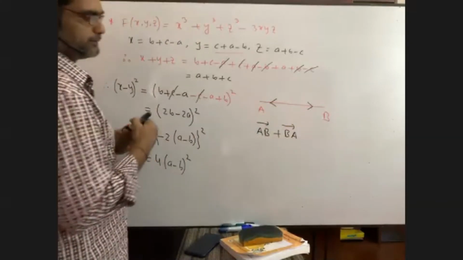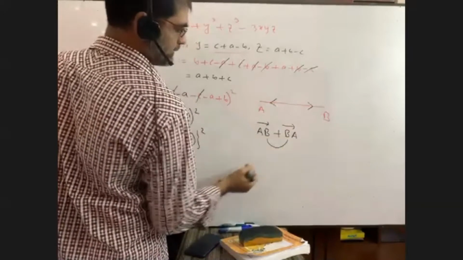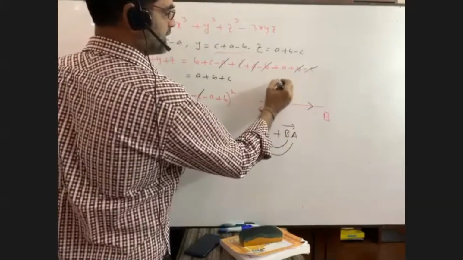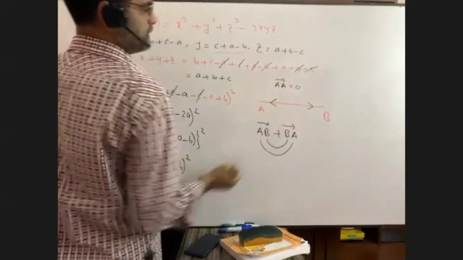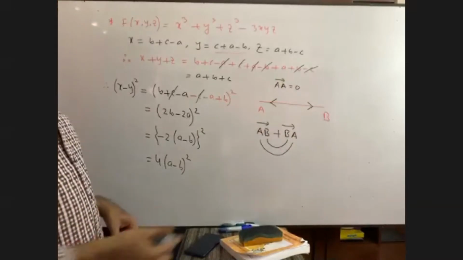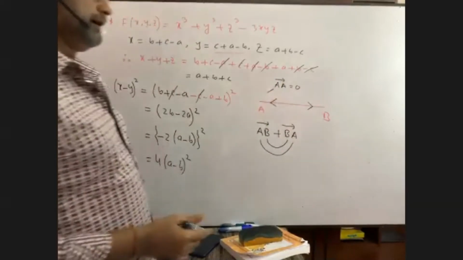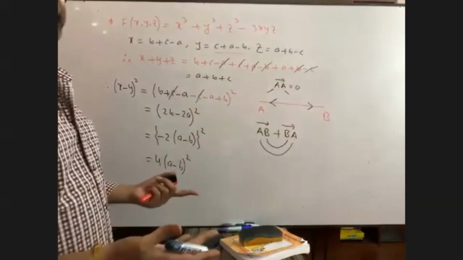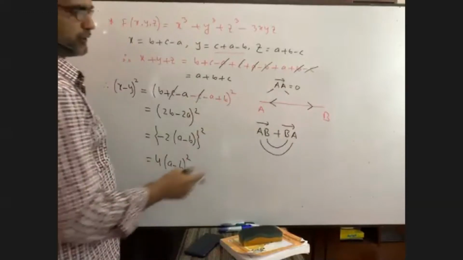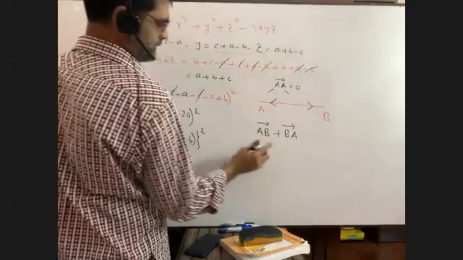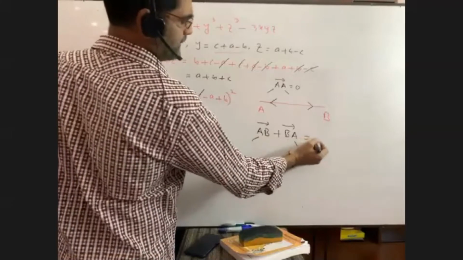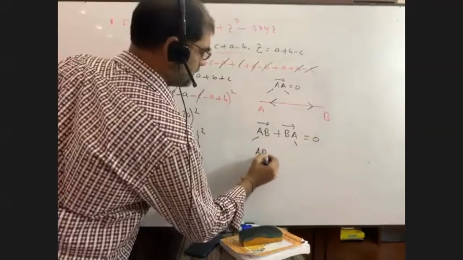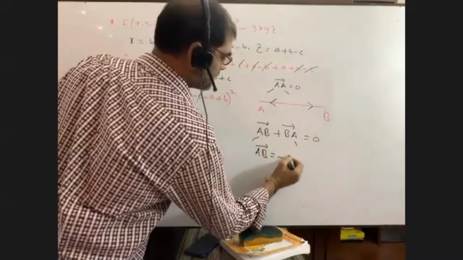And you see BB will be omitted, AA will be omitted. I mean A to A, what is the answer? 0. The distance, you were at first at A, and at last you are found also at A. So there is no distance, right? Yes, sir. So here your starting and ending is 0. Then we are getting AB is equal to minus BA.